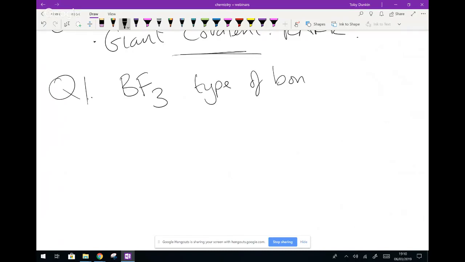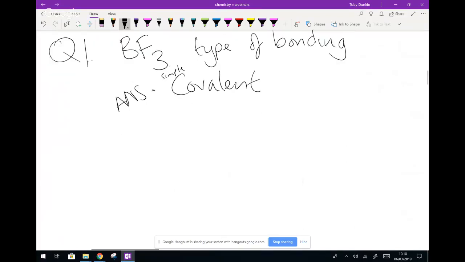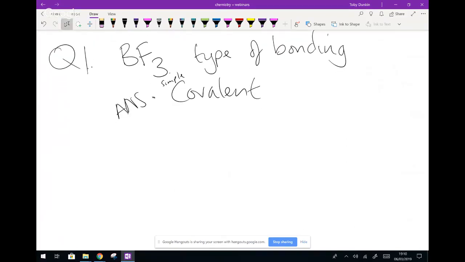And the answer, of course, is covalent. It is not giant. It's simple. It's just covalent. I'll put simple. And people go, how am I meant to know this? Because it's not one of our giants, and you know all the giants. So we're going to be focusing predominantly on simples.